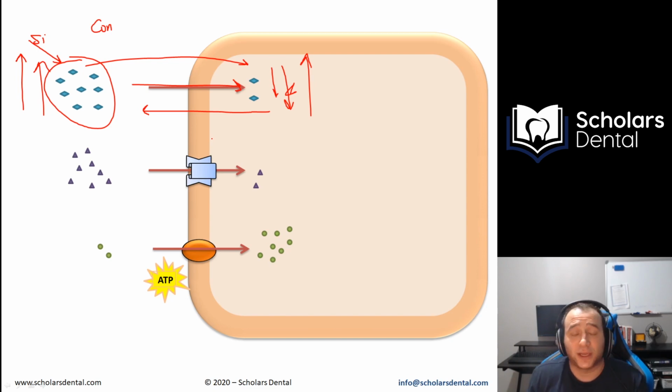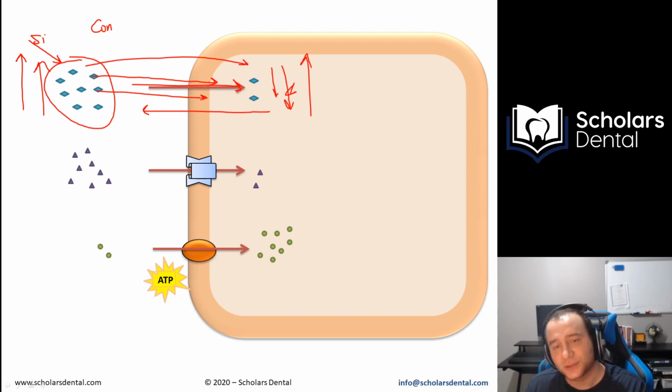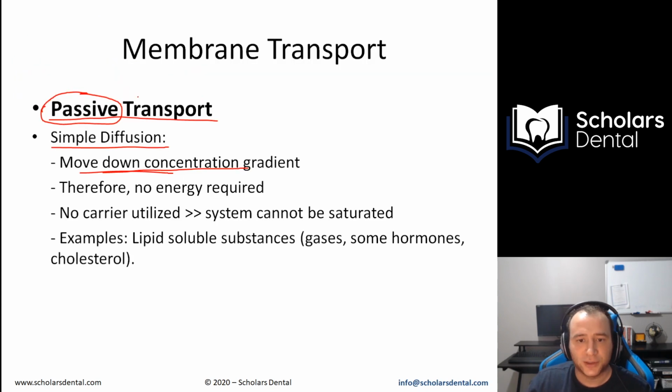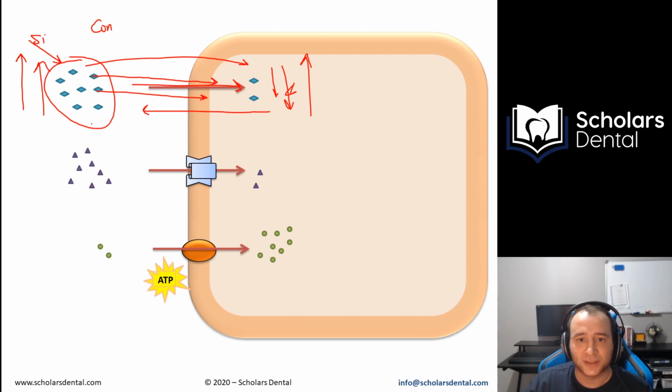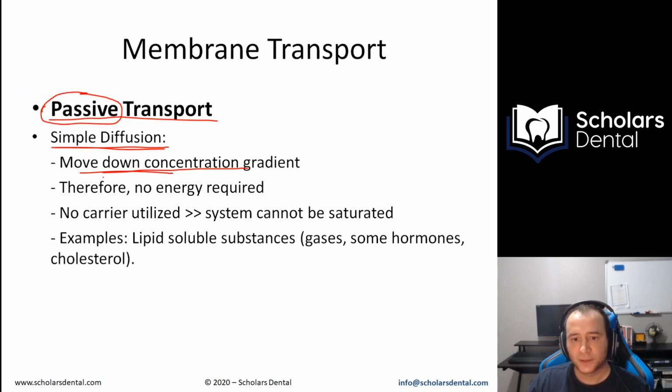So you don't need to use energy. If these molecules follow this force, they don't need to use energy. That's why it's passive. We call it simple because they're able to go through the membrane, as they're usually fat soluble or lipid soluble molecules. No energy is required because it's using the concentration gradient force.